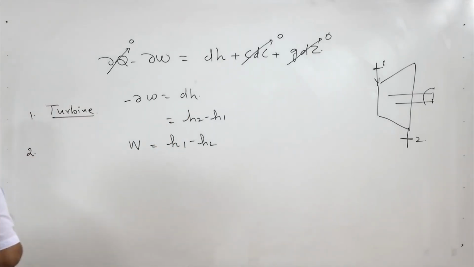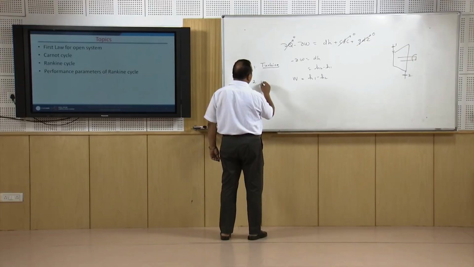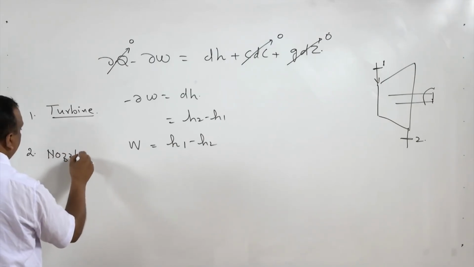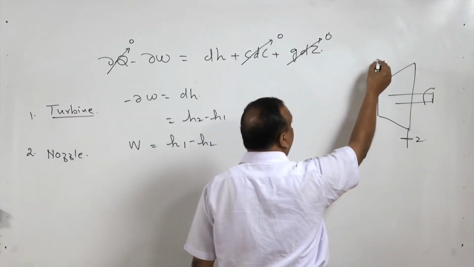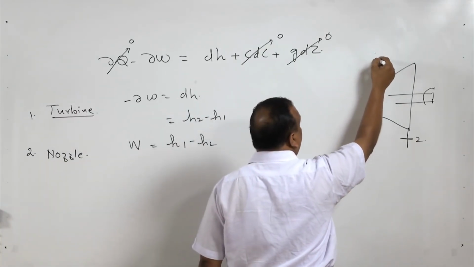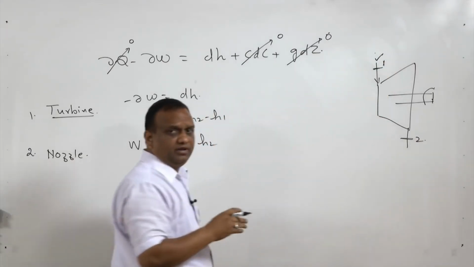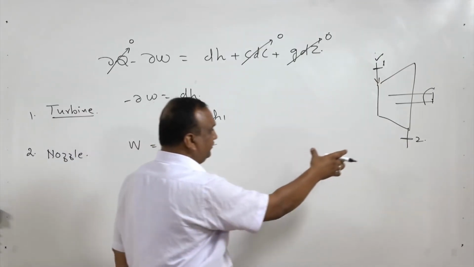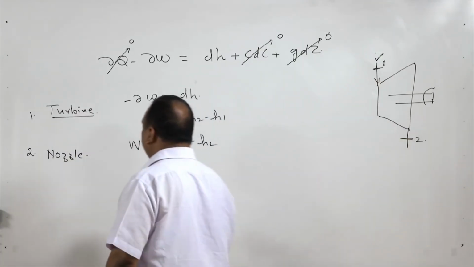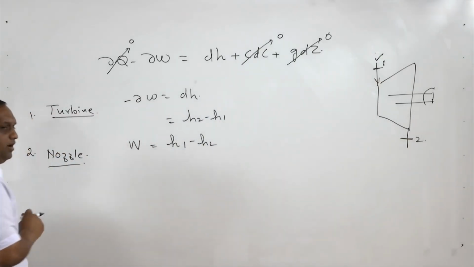Now, the second thing is the nozzle, because before the turbine, in order to increase the velocity of the steam, a nozzle is used. It is fixed before the turbine, or in many cases it is part of the turbine itself. So, the nozzle is a very important part of a steam power generation system.